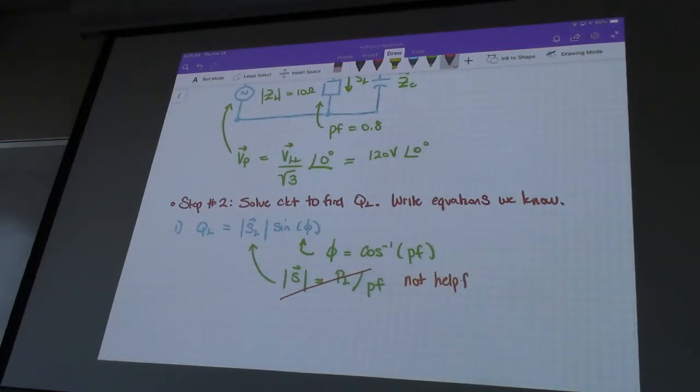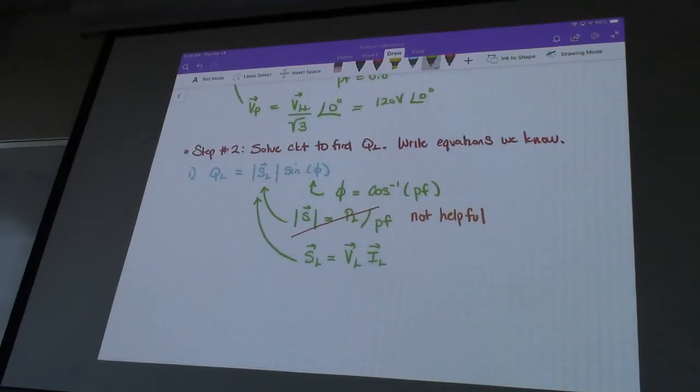A more helpful equation would be, we know SL will be equal to VL times IL conjugate, and furthermore, this will be equal to VL times VL conjugate divided by ZL conjugate.